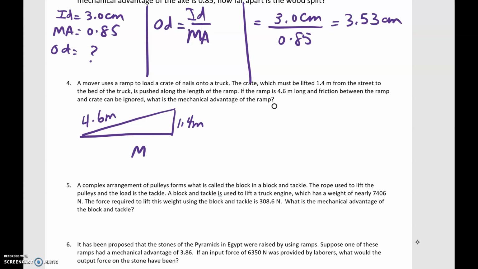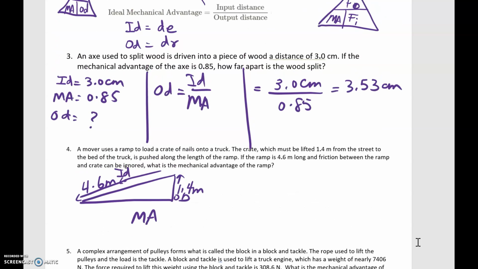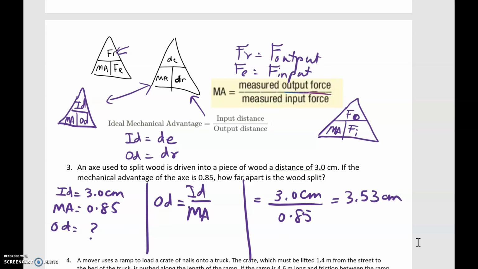So basically this whole thing is your input distance, and your output distance is this right here. So let's go back and look at our formula. Your mechanical advantage is going to be input distance, or remember it's the same thing as dE divided by dR, effort distance divided by resistance distance.